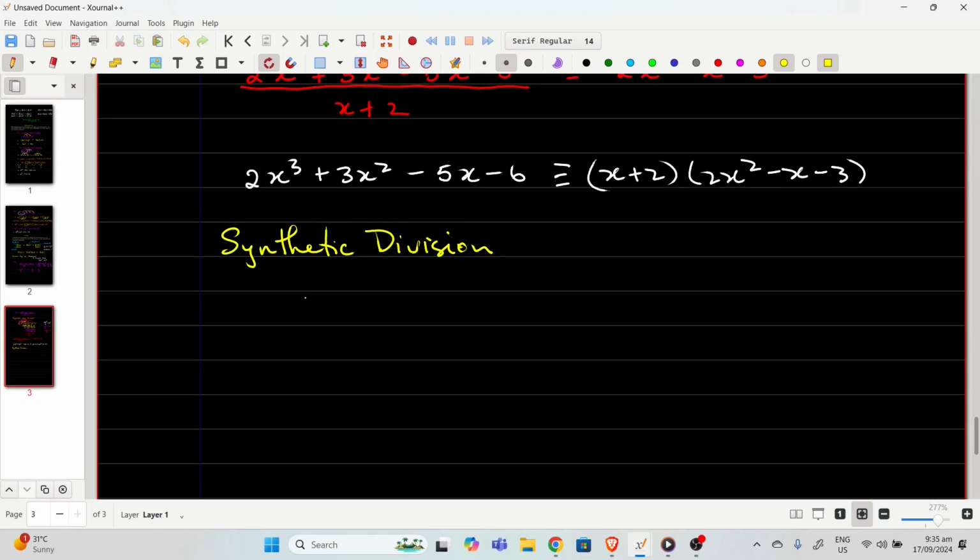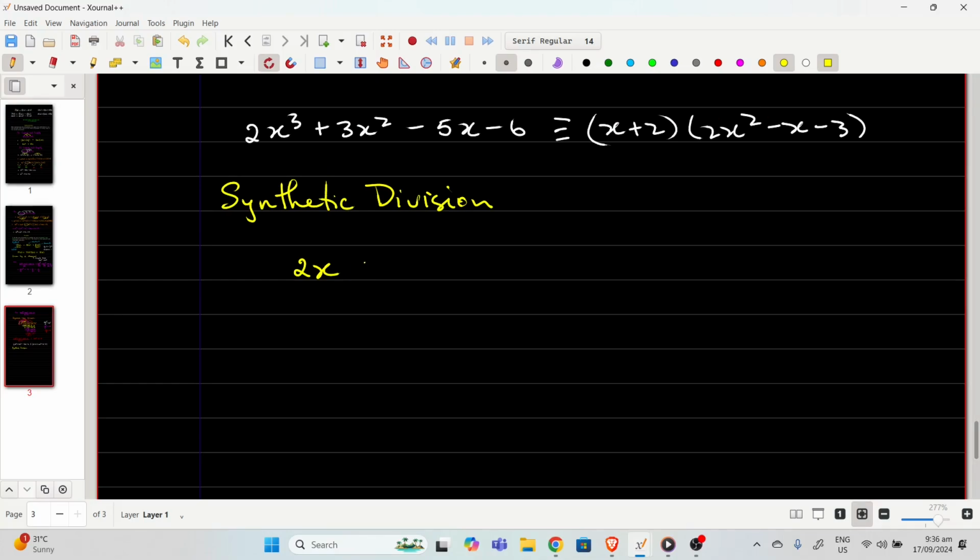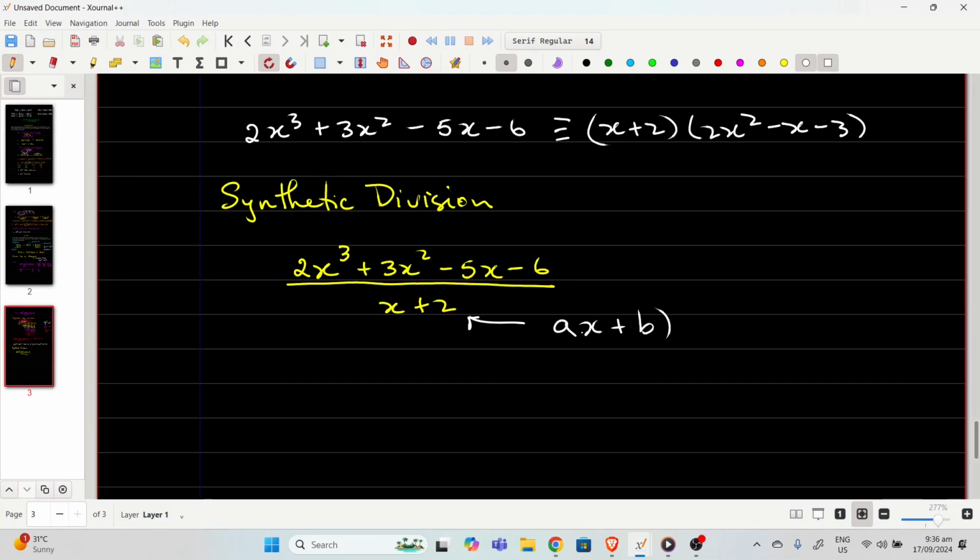So in this case, let me write again, 2x to the third power plus 3x squared minus 5x minus 6 all over x plus 2. I am only allowed to use synthetic division in a situation where I have a divisor of the form ax plus b.